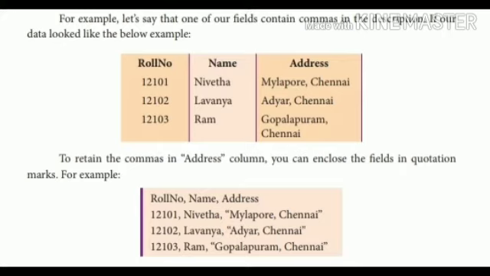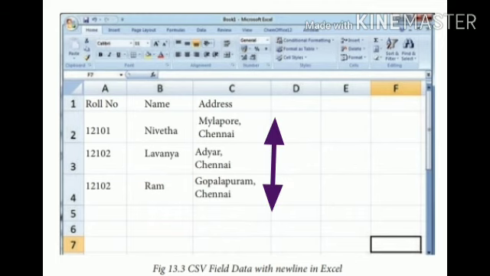Here we use Mylapore, Chennai. Chennai would be stored in another field, so to display the data within a single column, we give the data within double quotes. Then that only displays the data.